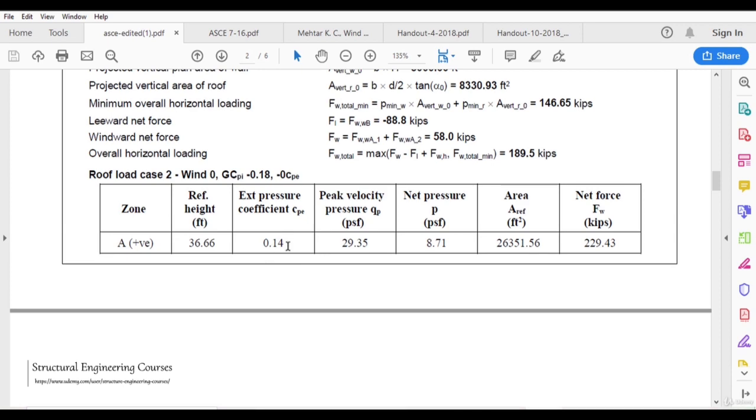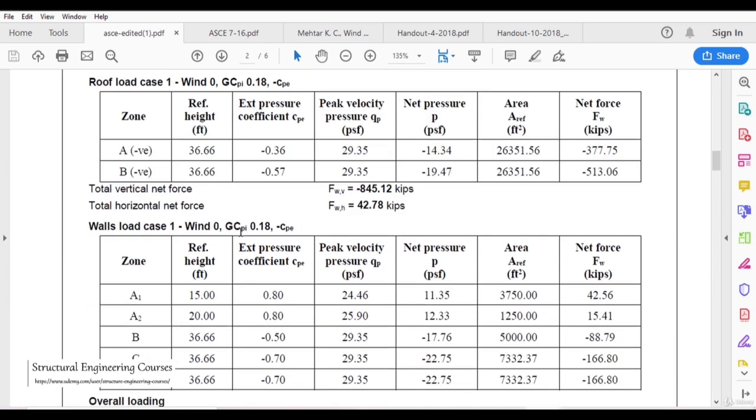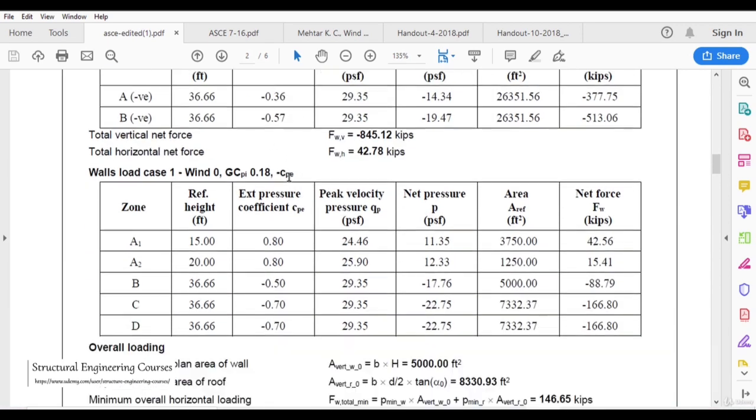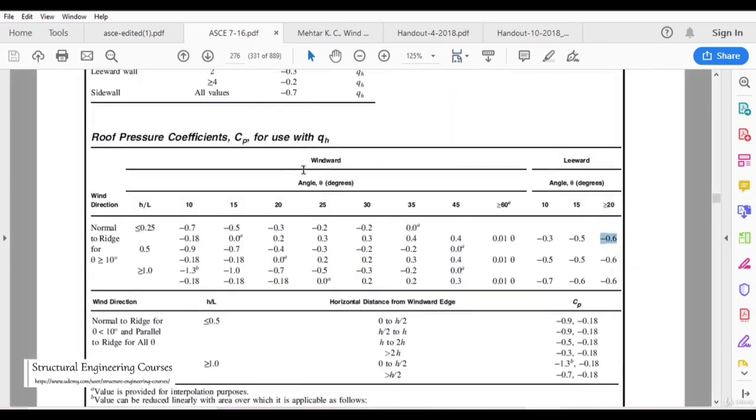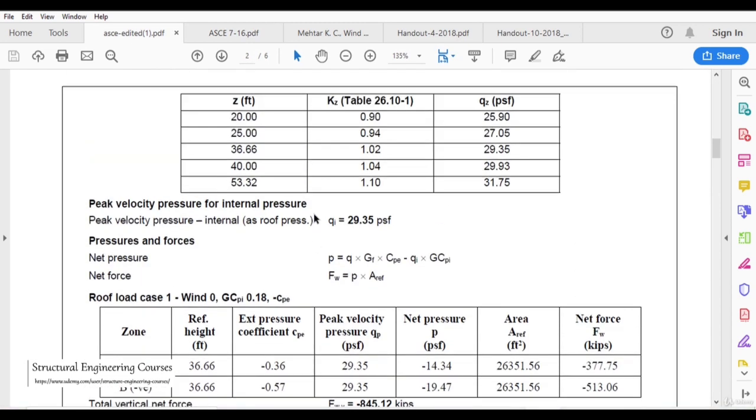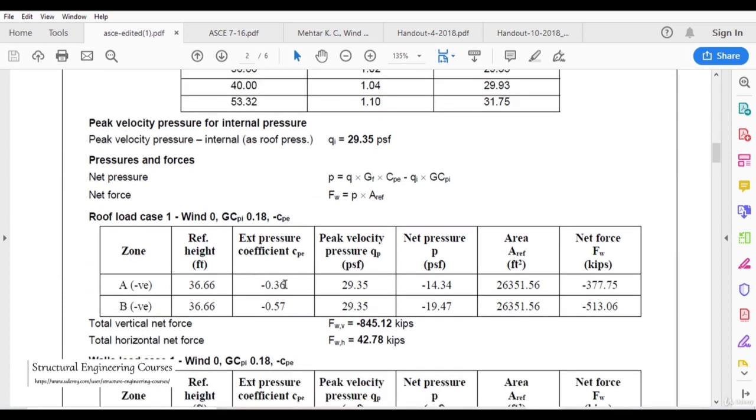So now you must be thinking that in the earlier example we had considered minus 0.33 and minus 0.57. How in this example is it plus 0.14 and minus 0.57? For that you need to refer to this table here. These are the values for plus GCPI and these are the values for minus GCPI. When we were talking about the plus GCPI, our angle was 18.4 degrees, so our value was coming out to approximately minus 0.36, that is this value here.